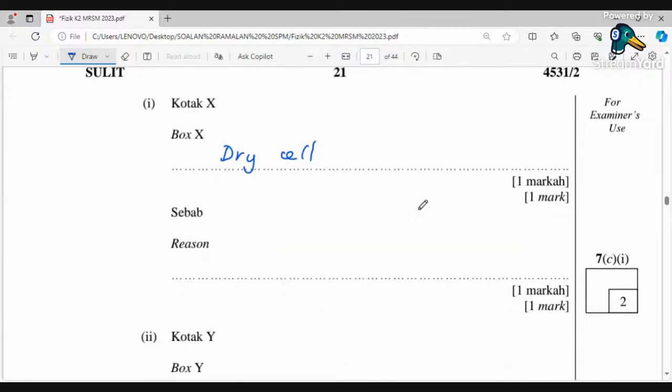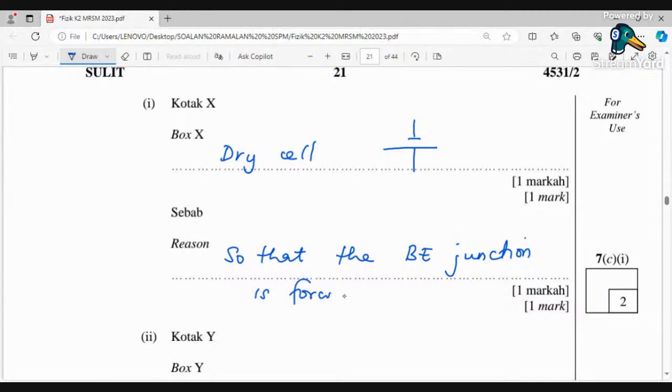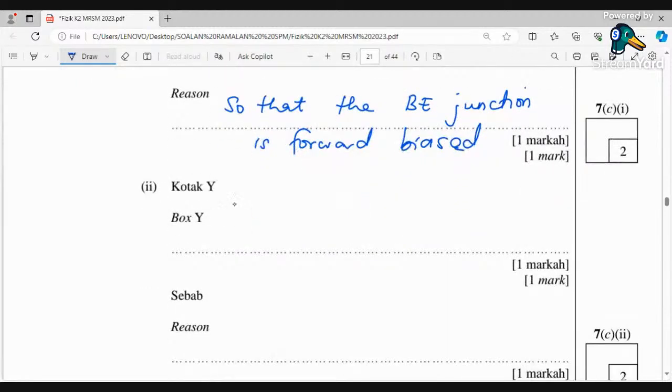Dry cell dalam arrangement yang kita bagi itu dalam bentuk tadi ya. Begini. Supaya apa? So that the BE junction is forward bias. Okay, kotak Y tadi ialah LDR ataupun light dependent resistor.